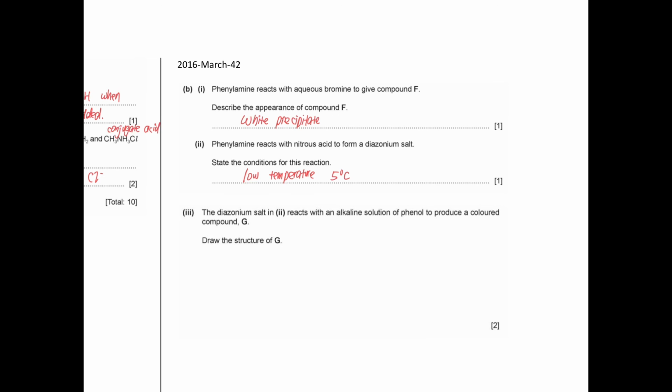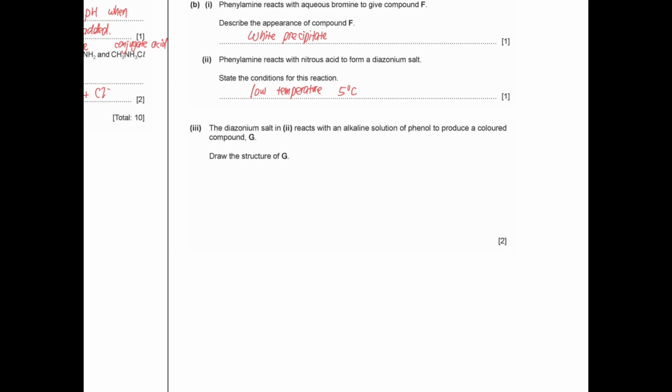Okay, let's do a quick revision. A diazonium salt is a benzene ring with N triple bond N, then Cl, diazonium chloride.